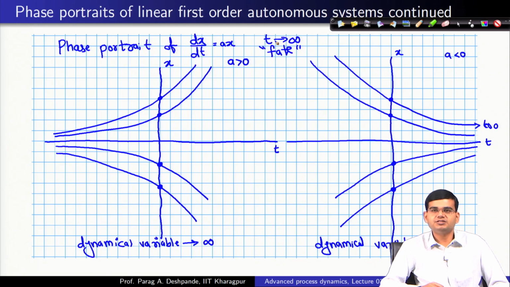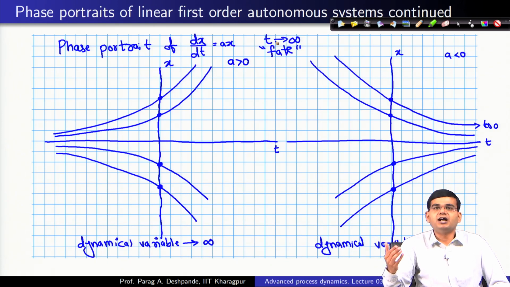Okay. So, the question would be that if I leave the system and let it evolve in time, then what is going to happen to the fate of the system. And so, if you have an autonomous system, then if a is greater than 0, then you can expect an indefinite increase in the value of the dynamical variable.